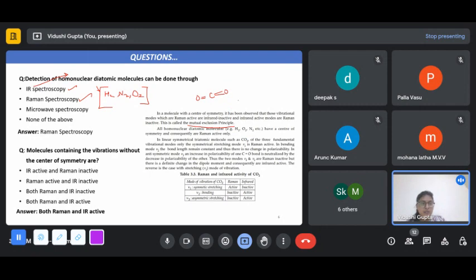So for that molecule, those vibrational modes which are Raman active are IR inactive, and those which are IR active are Raman inactive. That's the mutual exclusion principle. Those which are IR inactive are Raman active.